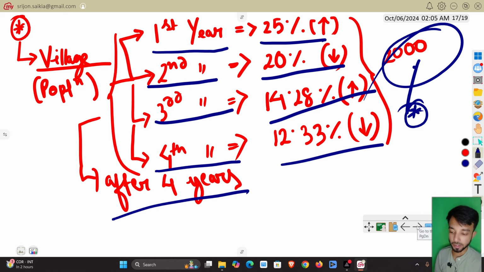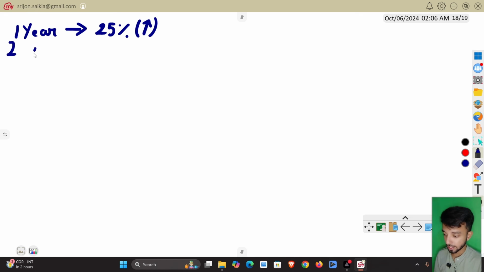So there was an increase by 25, then decrease by 20, then 14.28, and then decrease by 12.33. Let's write it once. First year, there was a 25% increase. Second year was a 20% decrease.